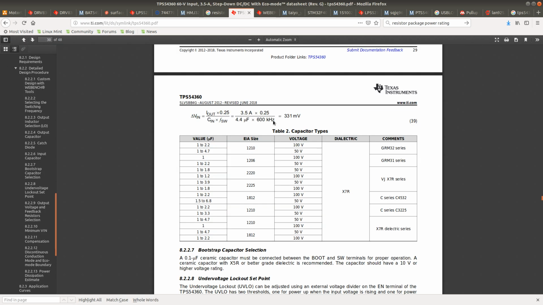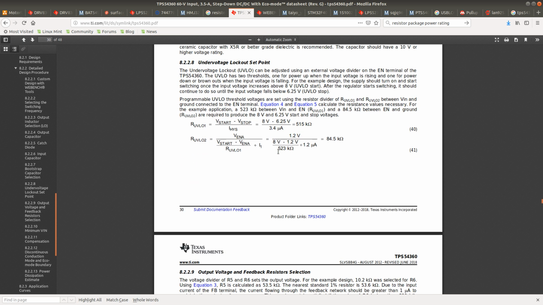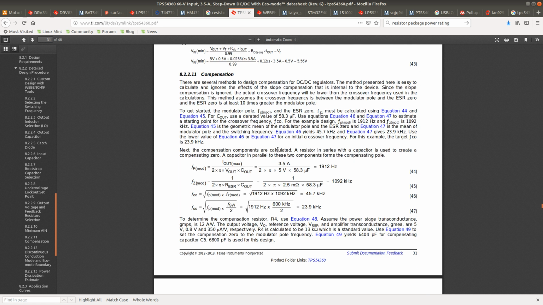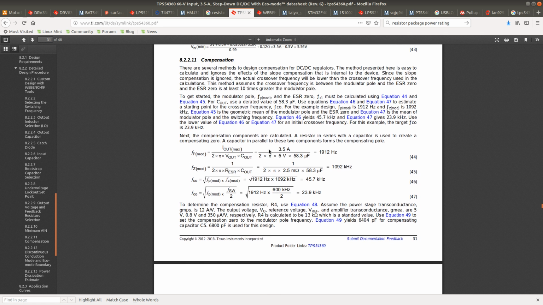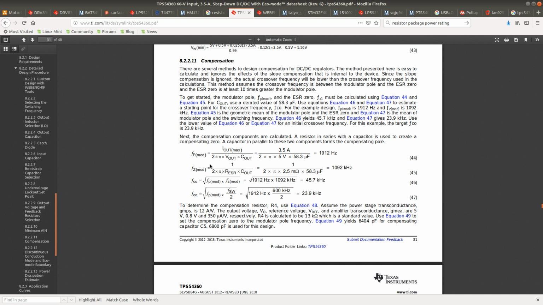So this is kind of, we don't really know what the value will be exactly. And I think FCO is something to do with the frequency. Let's see. FCO would be the compensation frequency, and then we have to choose the lower value, I think.